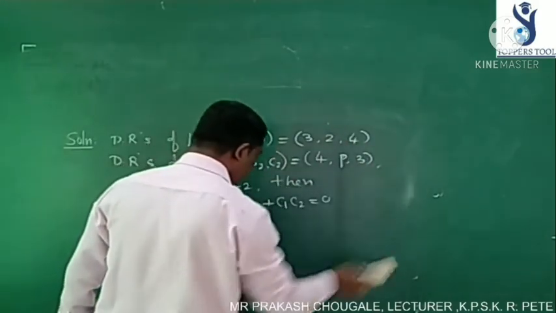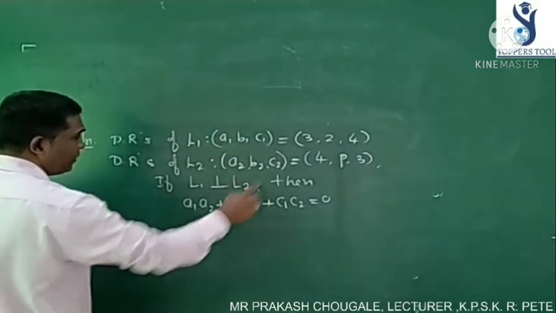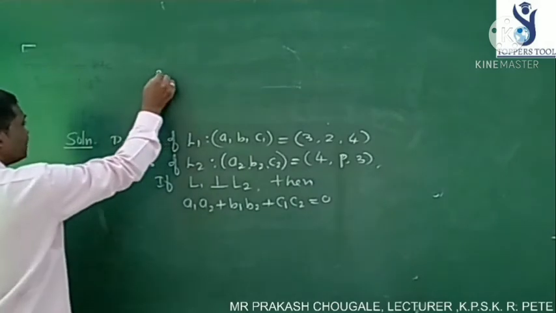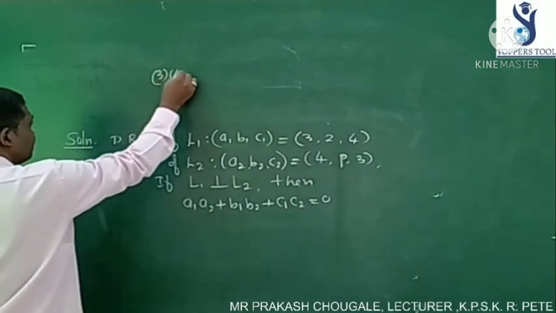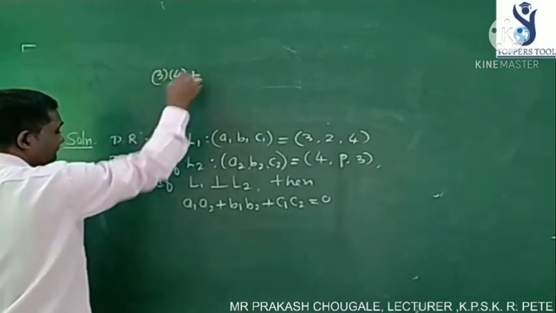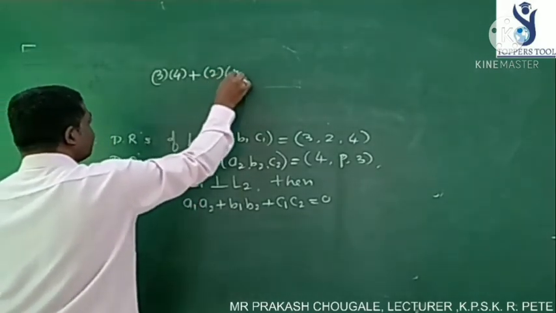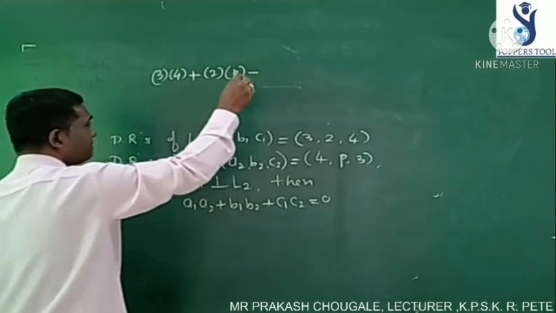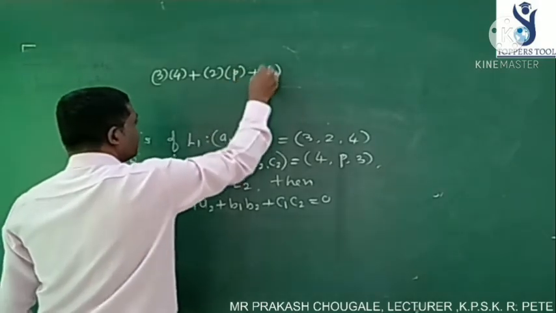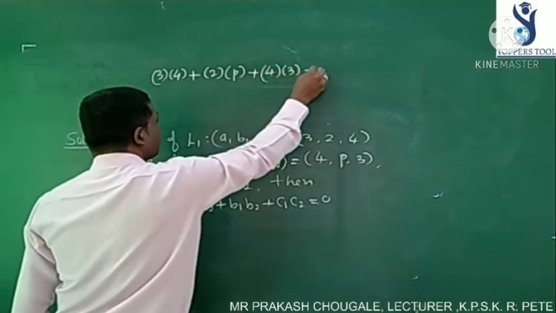So substitute here A1 A2, that is 3 into 4. Either you can write directly, or those who can't understand, just follow me and later on you can write directly. 3 into 4 plus 2 into P plus 4 into 3 is equal to 0.